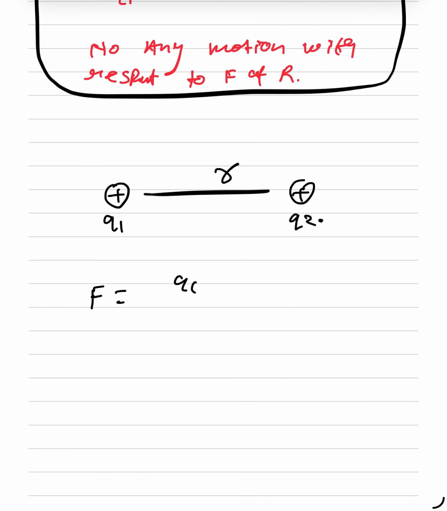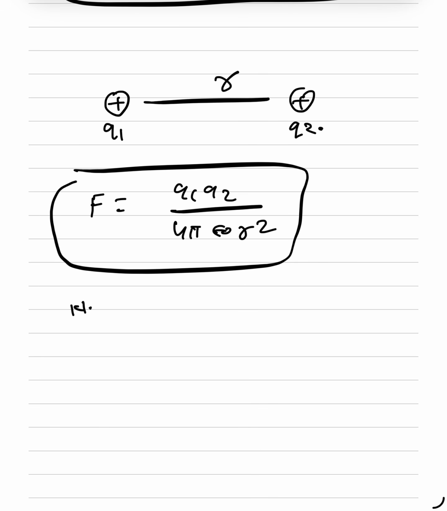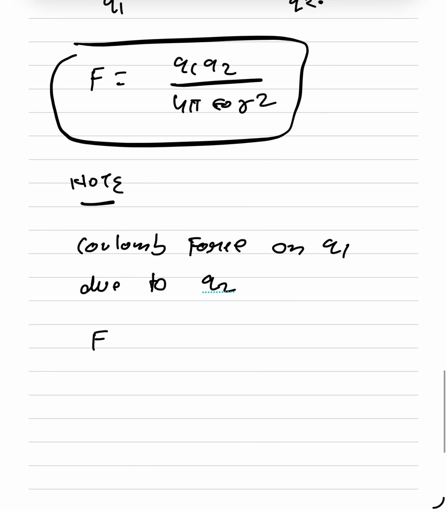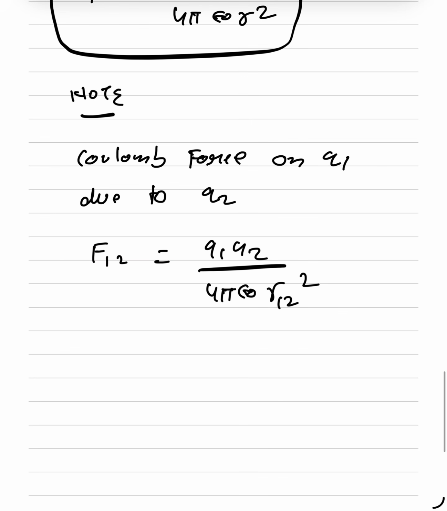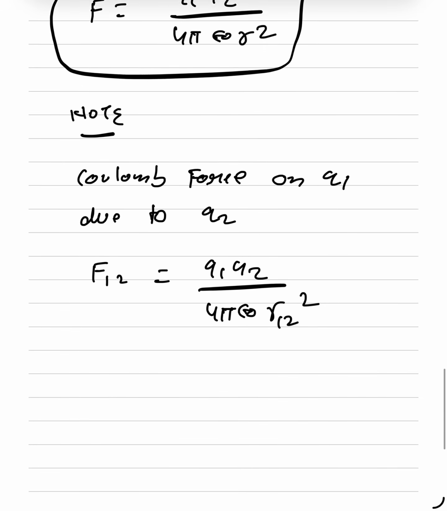Coulomb force F equals Q1 times Q2 divided by 4 pi epsilon naught R squared. And the Coulomb force on Q1 due to Q2, meaning F12, equals Q1 times Q2 divided by 4 pi epsilon naught R12 squared, where R12 is the separation distance between first and second.